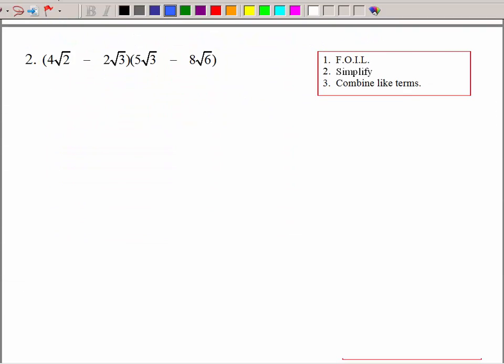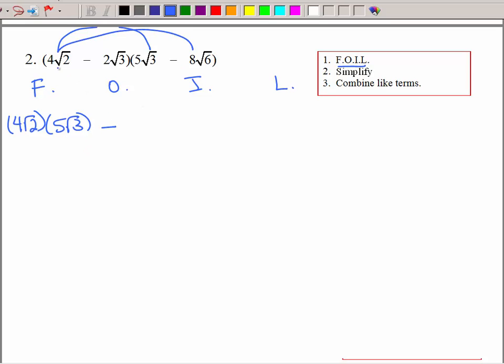Now, of course, we're going to do that with FOIL: first, outer, inner, last. We're going to simplify and we're going to combine like terms. Okay? So first, outer, inner, last. So those two, if you want to write it out, that's 4 square root of 2 multiplied by 5 square root of 3.